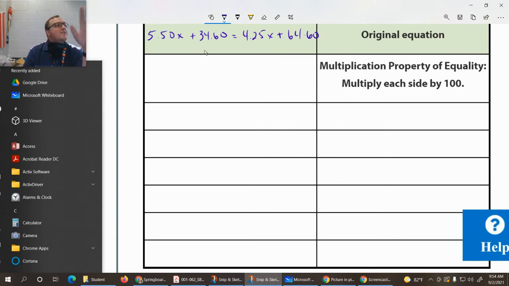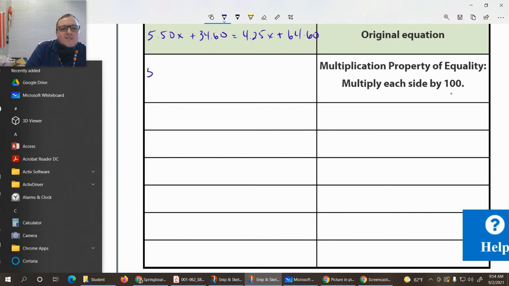The next step is that they want you to use the multiplication property of equality and multiply each side by 100. The reason is they want you to clear the decimal. I leave that up to you and your skills. If you want to clear out the decimal, you can; if not, you don't have to. But to clear out the decimal, it would be multiplying everything by 100.